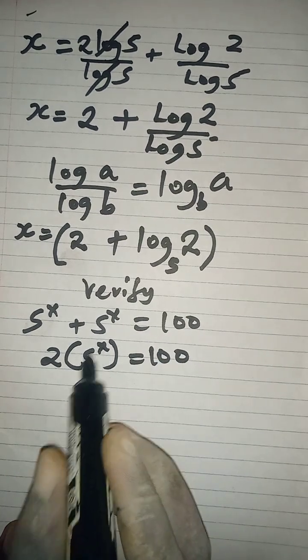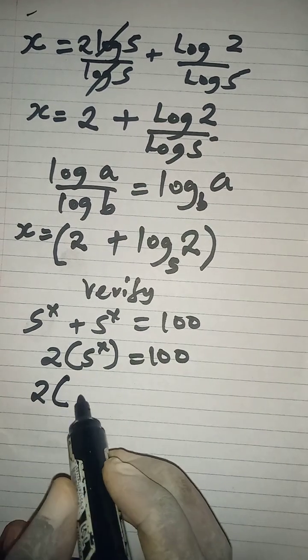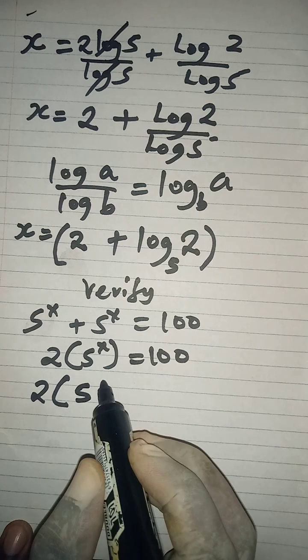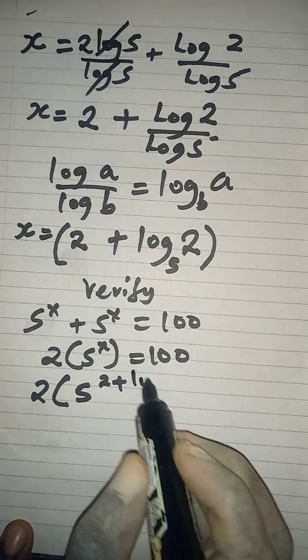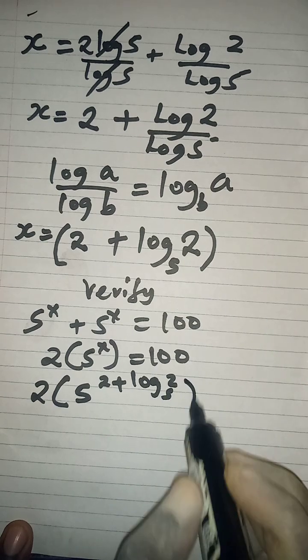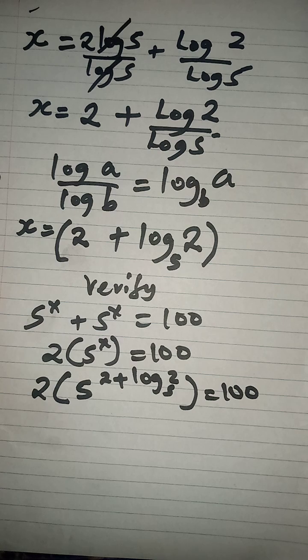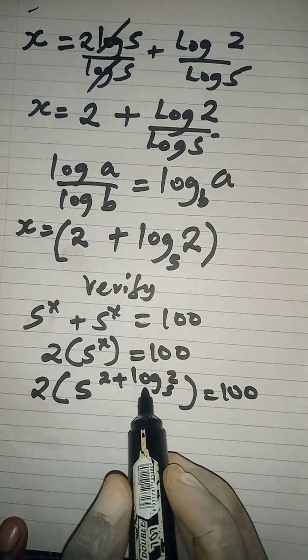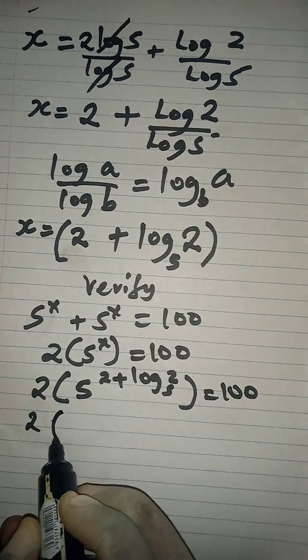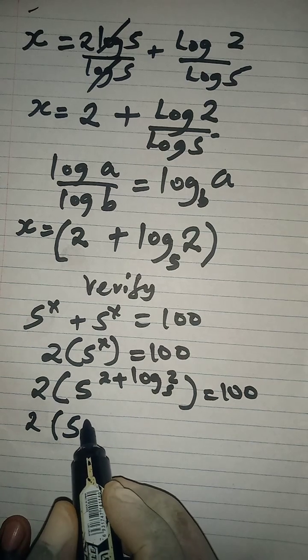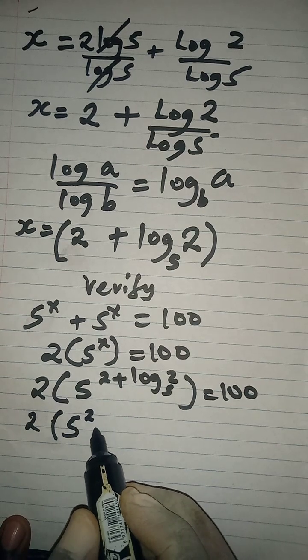So it's going to be 2 times 5 raised to 2 plus the log of 2 to the base of 5, which should give me 100. So here I'm adding the powers, meaning I can separate by multiplying the bases.